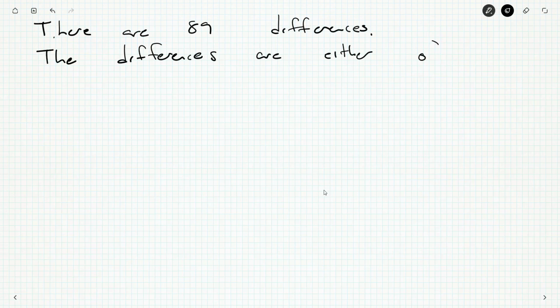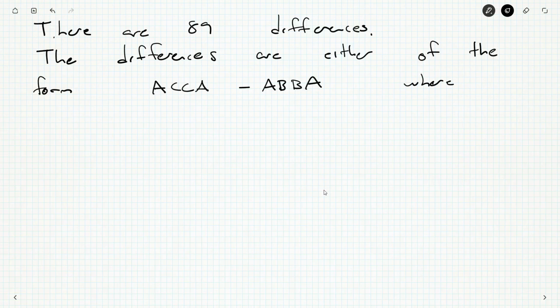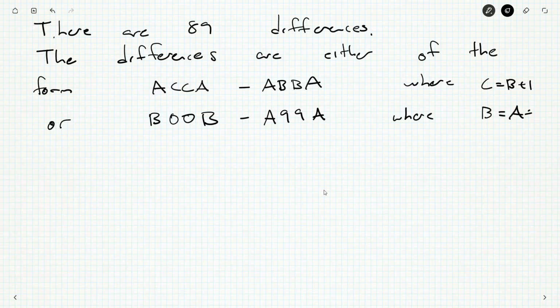The differences are either of the form ACCA minus ABBA, where C is B plus 1, or it's going to be B00B minus A99A, where B is A plus 1.